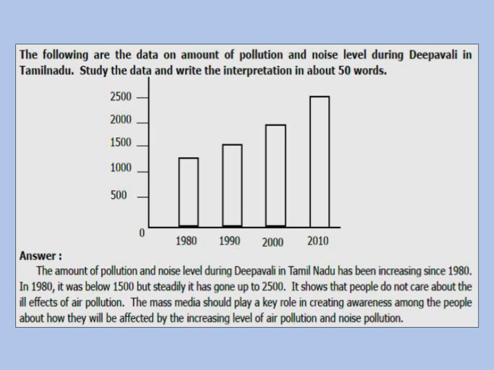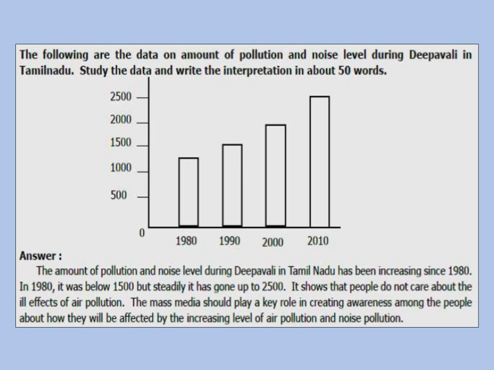Next one. The following are the data on amount of pollution and noise level during Deepavali in Tamil Nadu. Study the data and write the interpretation in about 50 words. The amount of pollution and noise level during Deepavali in Tamil Nadu has been increasing since 1980.